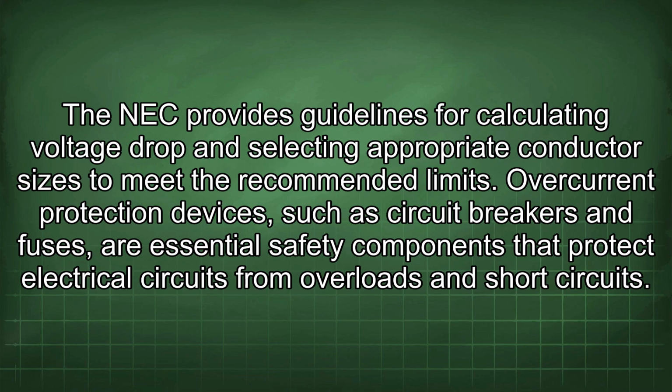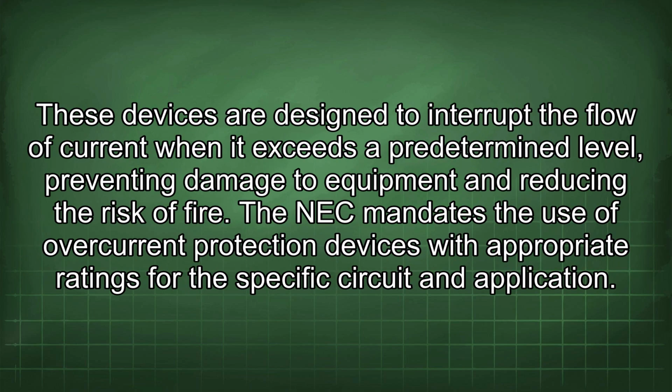Overcurrent protection devices, such as circuit breakers and fuses, are essential safety components that protect electrical circuits from overloads and short circuits. These devices are designed to interrupt the flow of current when it exceeds a predetermined level, preventing damage to equipment and reducing the risk of fire.